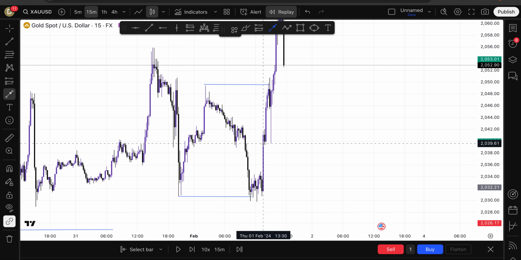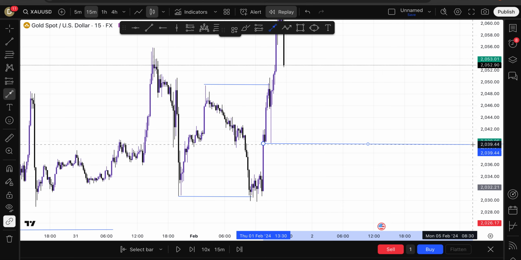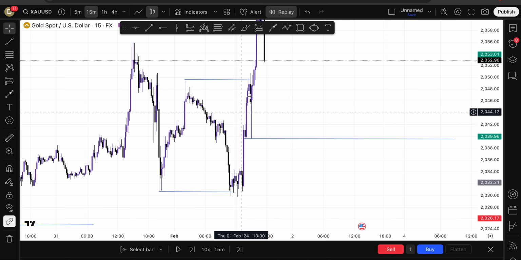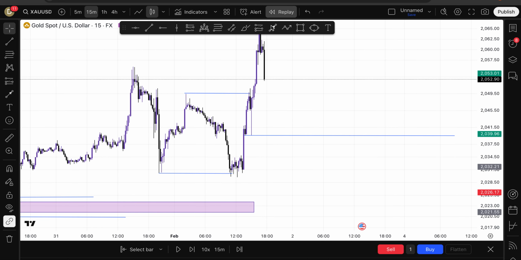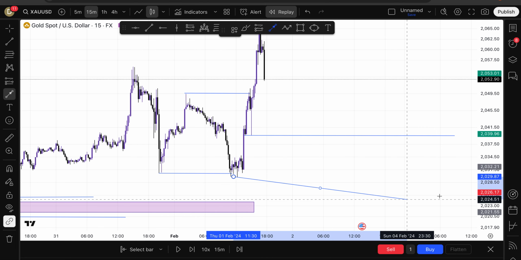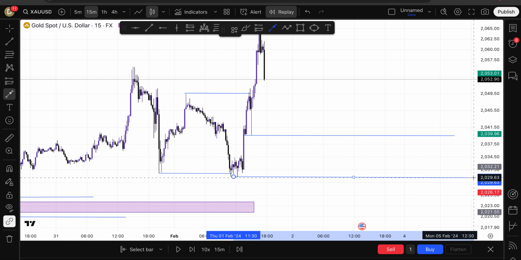So let's assume all these are our structural liquidity. It's kind of an A shape, but it's not that obvious an A shape, so you can't tell, but just assume.